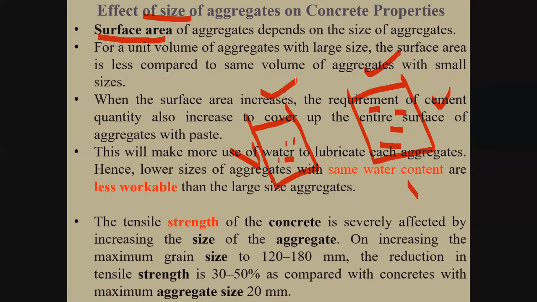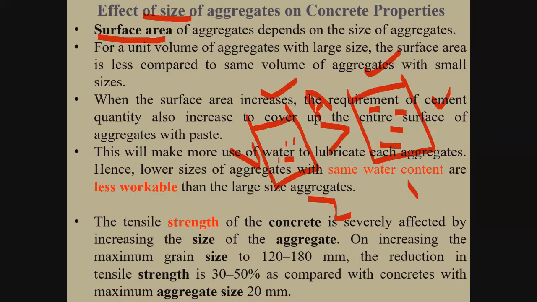More aggregates mean more surfaces. If the surfaces are more, then it means that the surface area is more. And in this container, if the number of aggregates is less, then there are fewer surfaces and the surface area will be less as compared with container number 2. Container number 2 has more surface area as compared with container number 1, which has bigger particles.